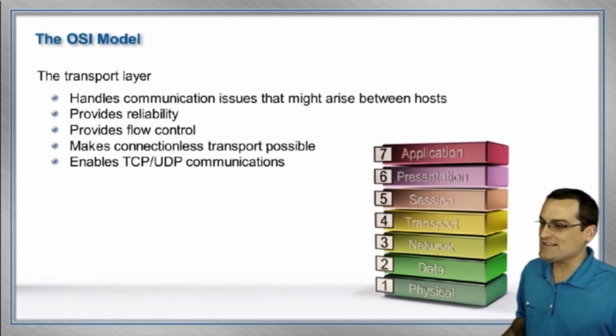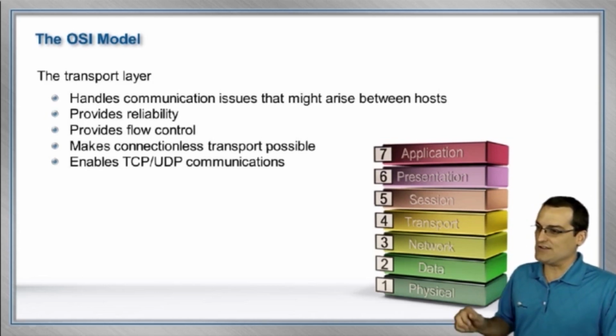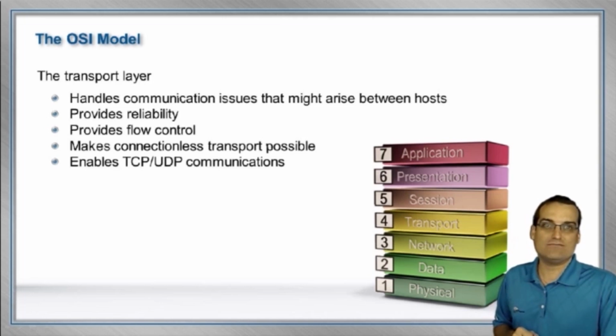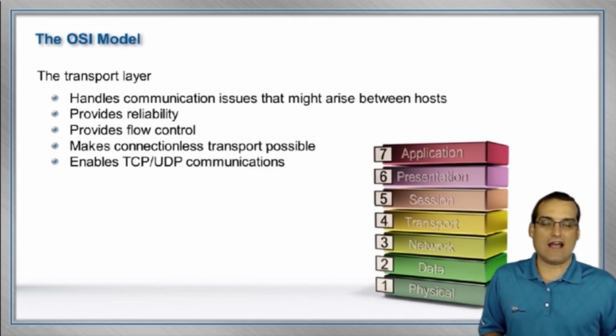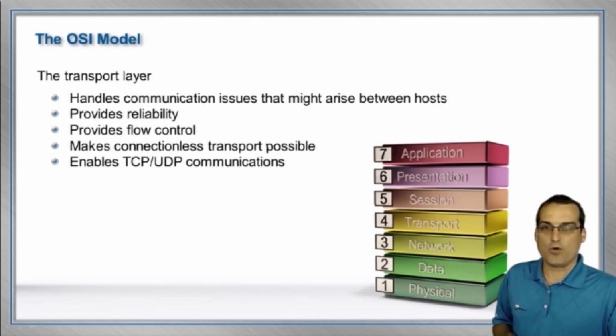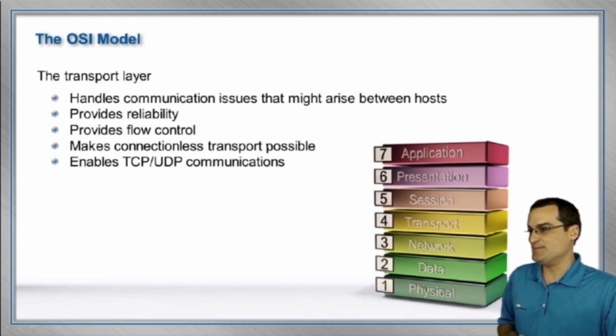But folks, for right now, let's just make sure we're rock solid on the fact that at the transport layer, we do have two major options. Do we send the data reliably or unreliably? And we have TCP and UDP respectively in order to transport the information in those manners.